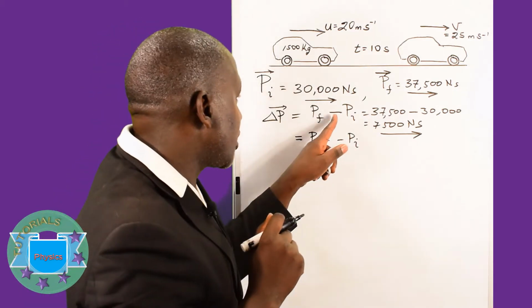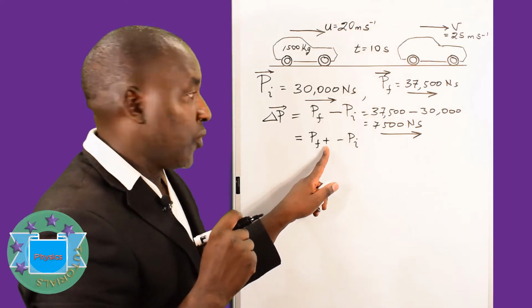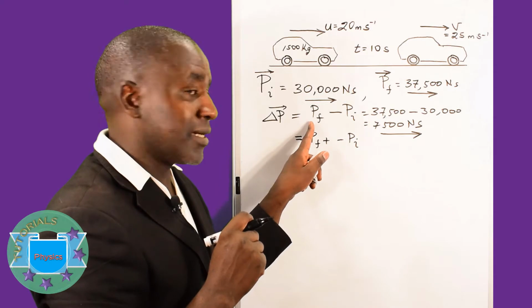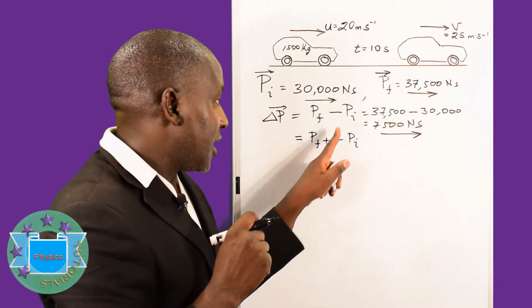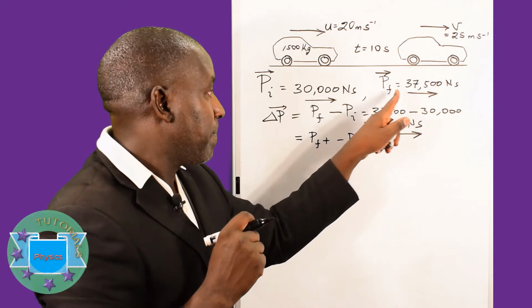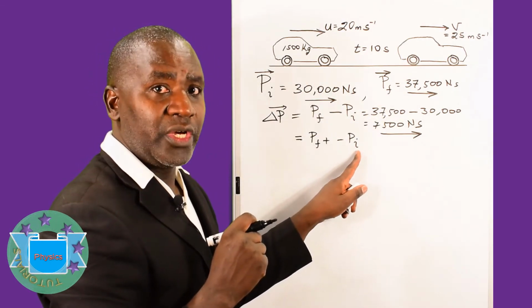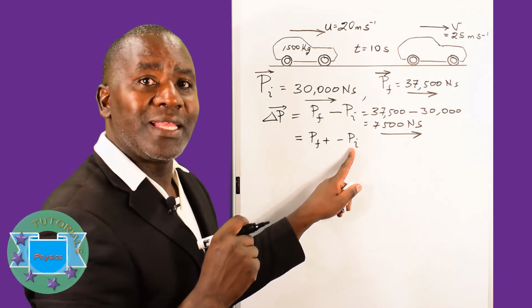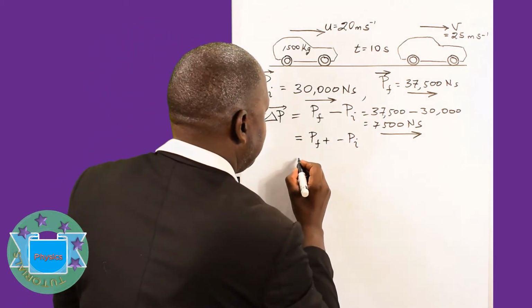After all, subtraction is a special case of addition. When you subtract one physical quantity from another, it's like you are adding that physical quantity, but you have changed its direction. The negative sign indicates that you have changed the direction. So this is what we are going to have.